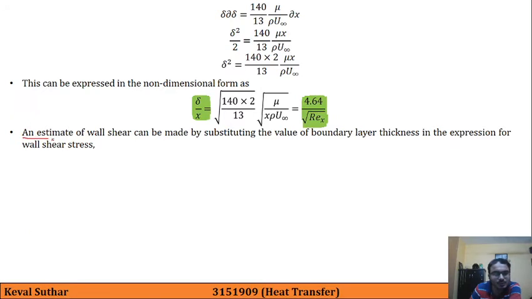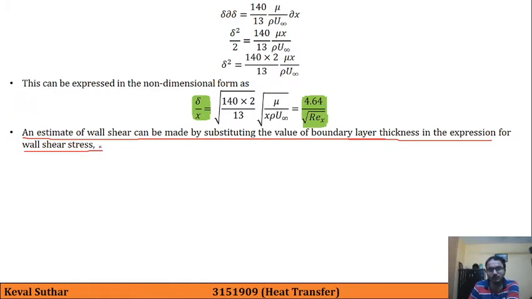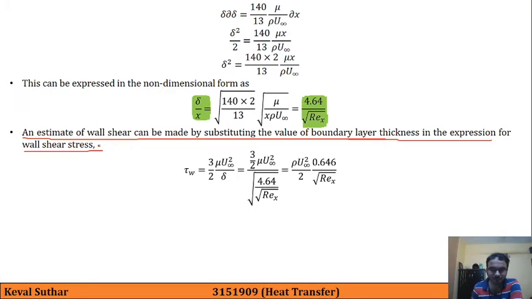An estimate of wall shear stress can be made by substituting the value of the boundary layer thickness in the expression of wall shear stress. That is, here what we have done is that instead of this delta we have put the value which we have already obtained.